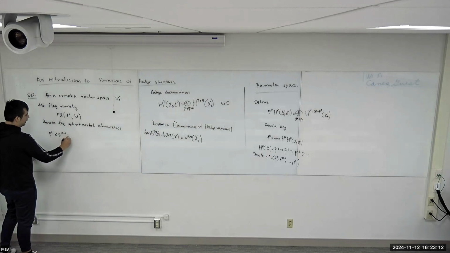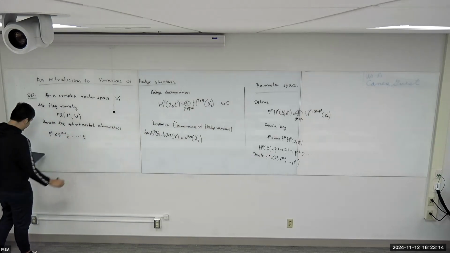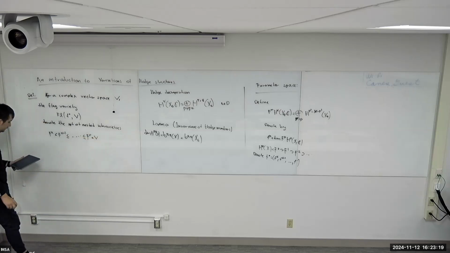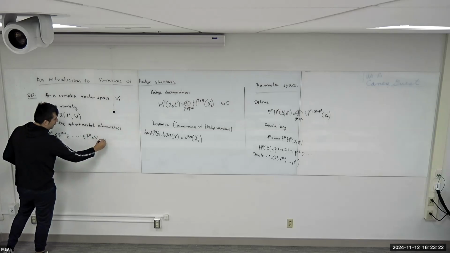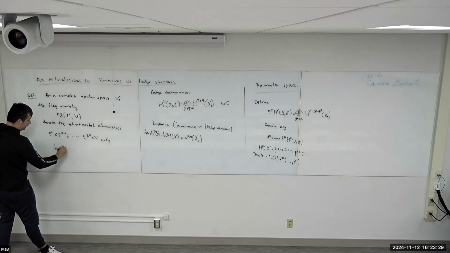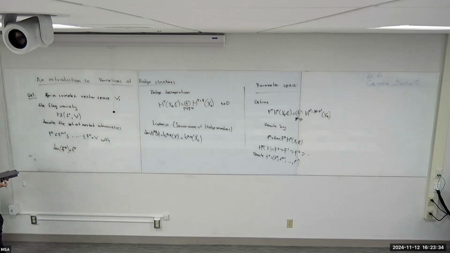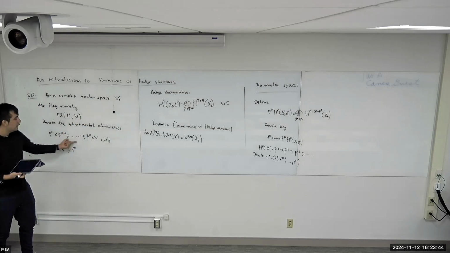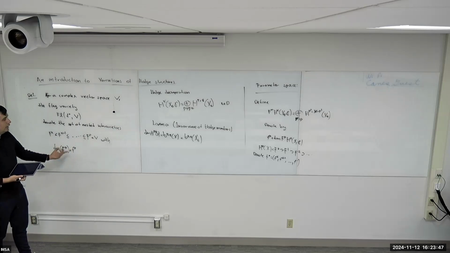So they are included into one another, and F0 is going to be V, and with the correct dimension, with the dimension of capital F_p of V being small f_p. So I'm constructing the moduli space of subspaces of V that are varying in this way and having the correct dimension.